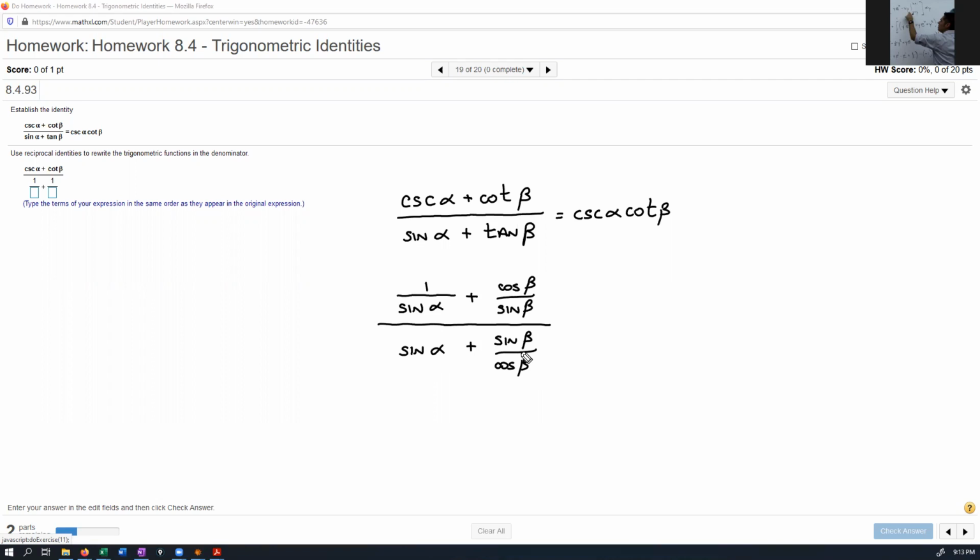All right, I think no choice but to get a common denominator here. I'm gonna have to multiply top and bottom here by sine beta over sine beta. And then this is over 1, so I'm gonna do cosine beta here, cosine beta here.